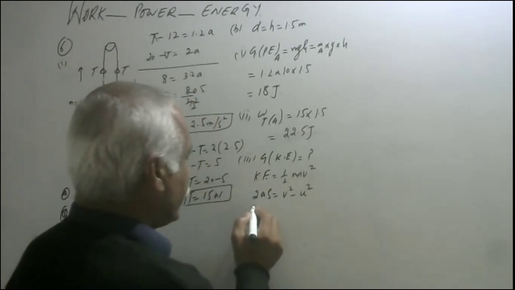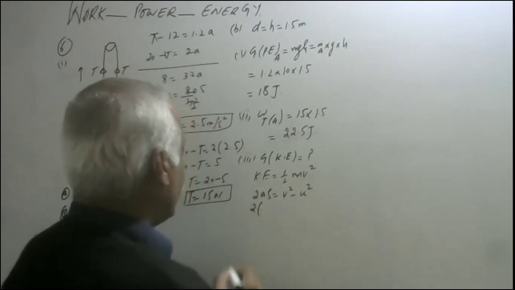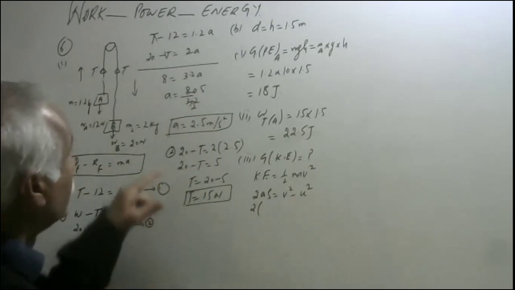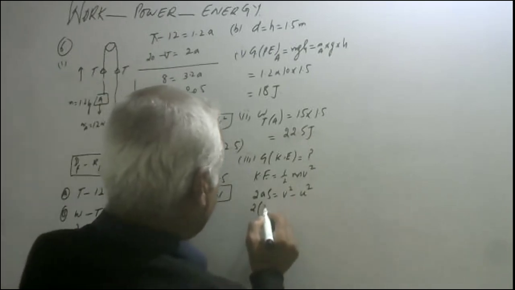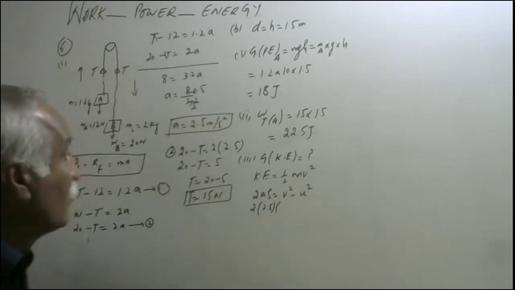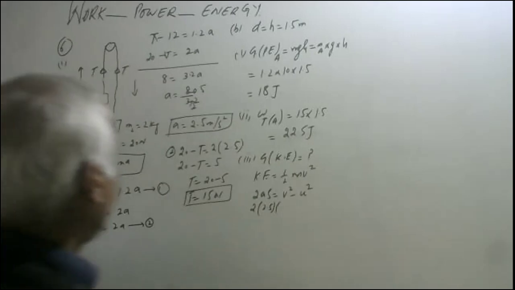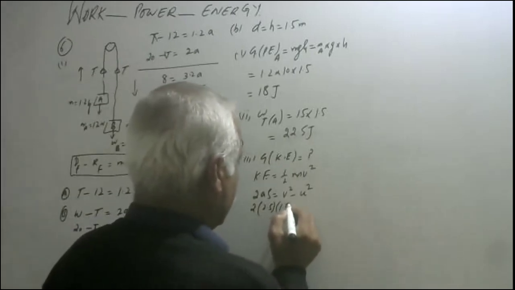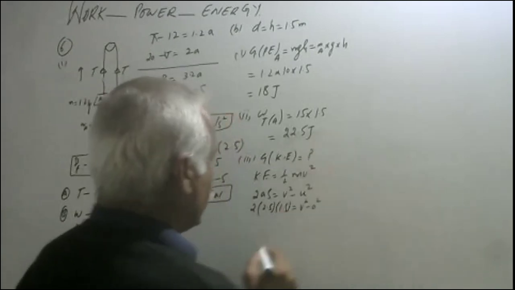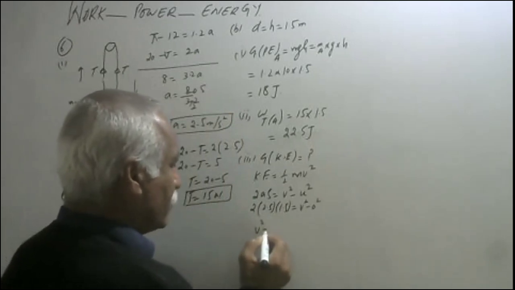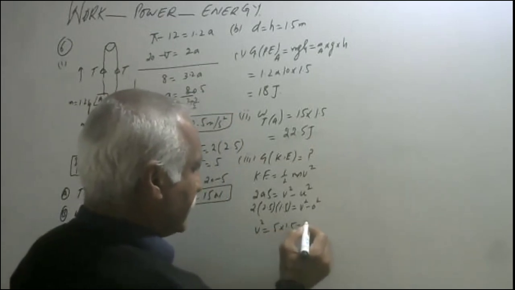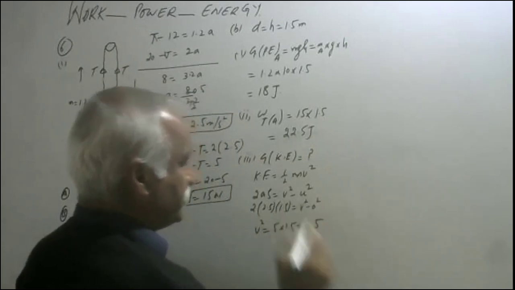We know the value of 2, we know the value of a, which is given there equal to 2.5, and the distance it has moved s, that is 1.5, is equal to v square minus 0 square. So v square is equal to 5 into 1.5, that is 7.5.